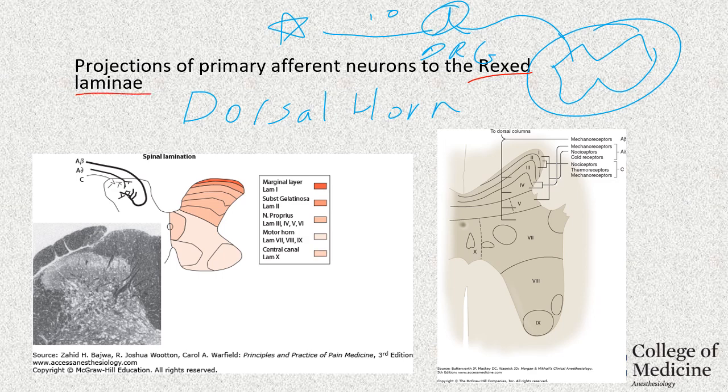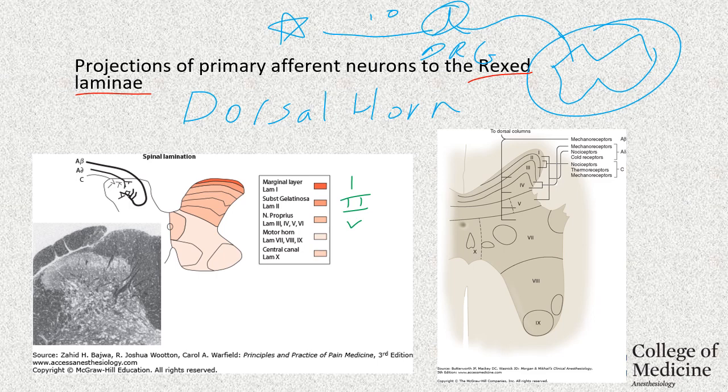It's important to note that different Rexed lamina have different names. So lamina 1 is your marginal layer. Lamina 2 is the substantia gelatinosa. Lamina 3 through 6 is your nucleus proprius.